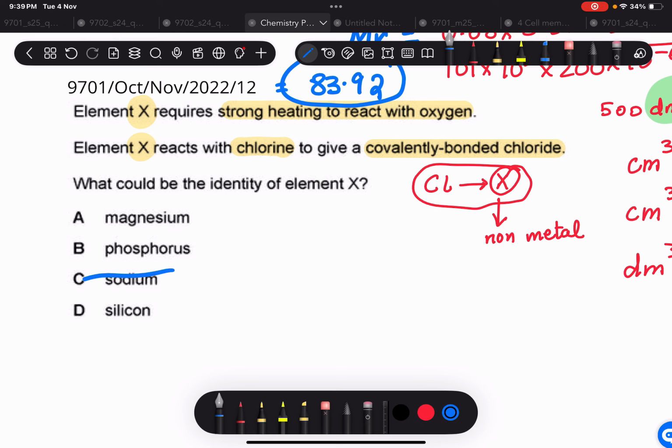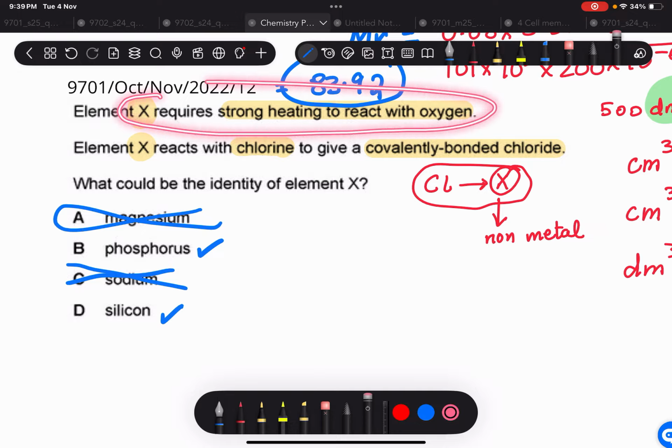So we cut out sodium and we cut out magnesium. Now we have two other options: phosphorus and silicon, and both form covalently bonded chlorides. So we look at the first statement, which says that element X requires strong heating to react with oxygen. Does silicon require strong heating or does phosphorus? Think about it yourself.